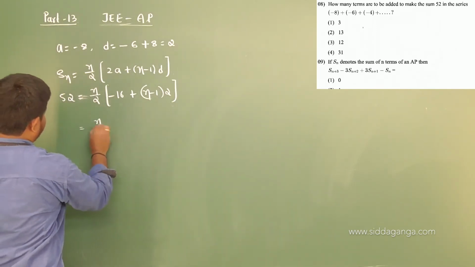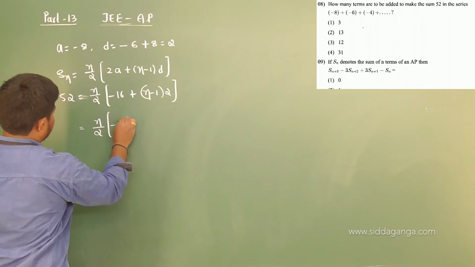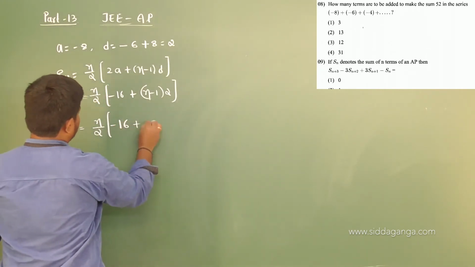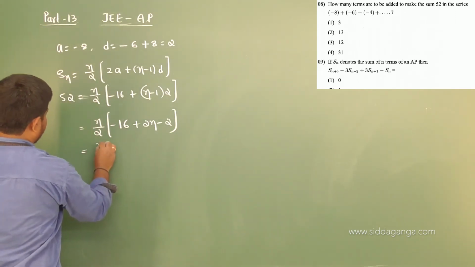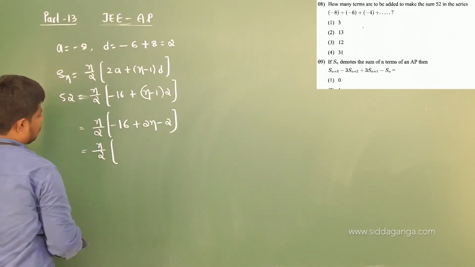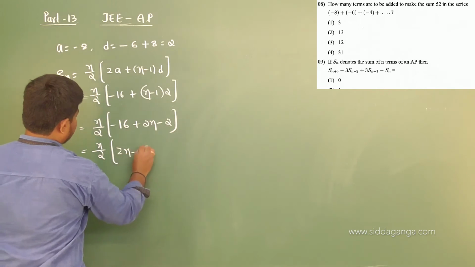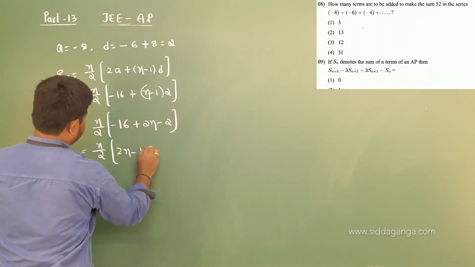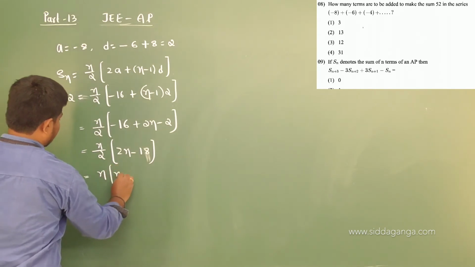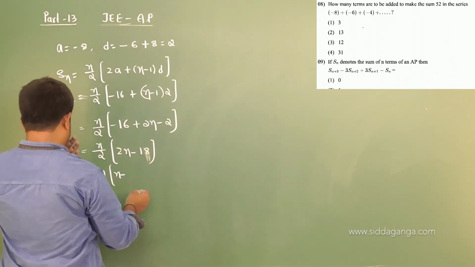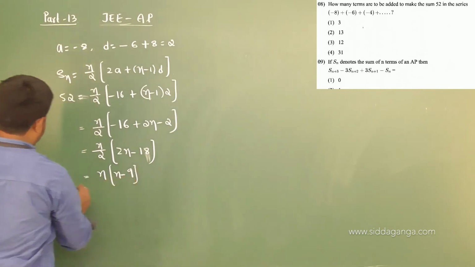You get n by 2 into minus 16 plus 2n minus 2, that is n by 2 into 2n minus 18, or n into n minus 9. That's what 52.